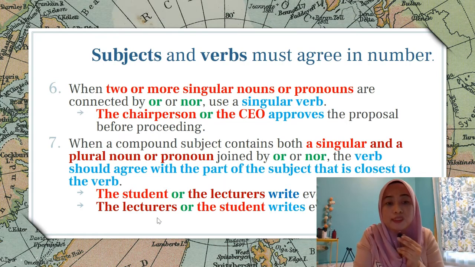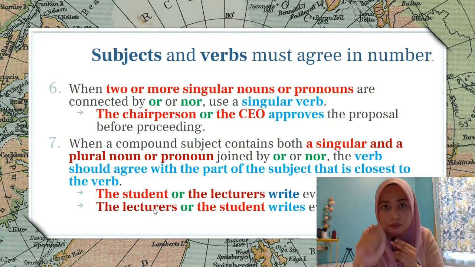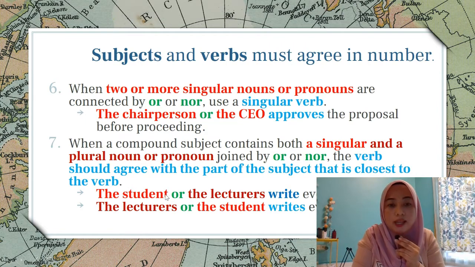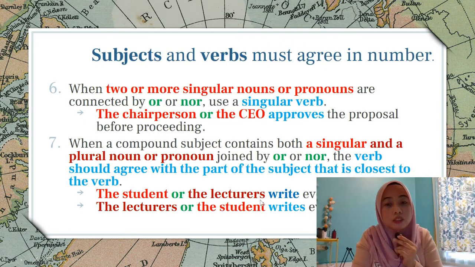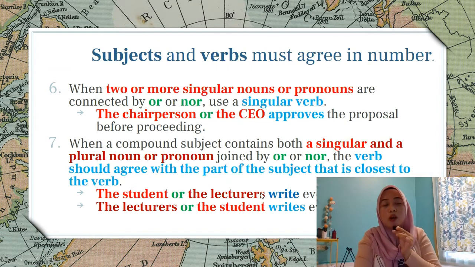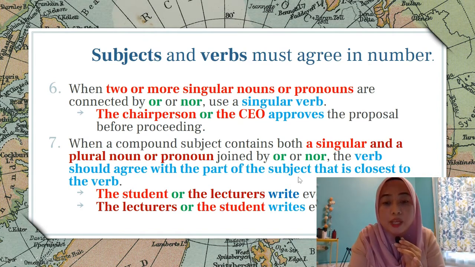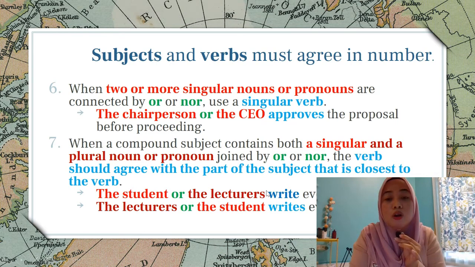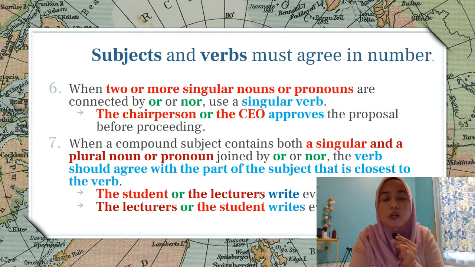In the seventh rule, one subject is singular and the other is plural. If we have one singular and one plural, what do we do? We have a look at the verb. The closest noun to the verb is what you have to follow.